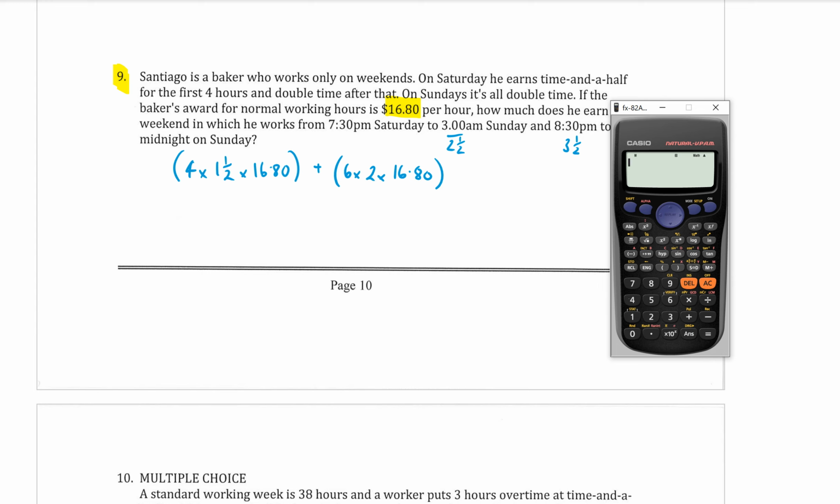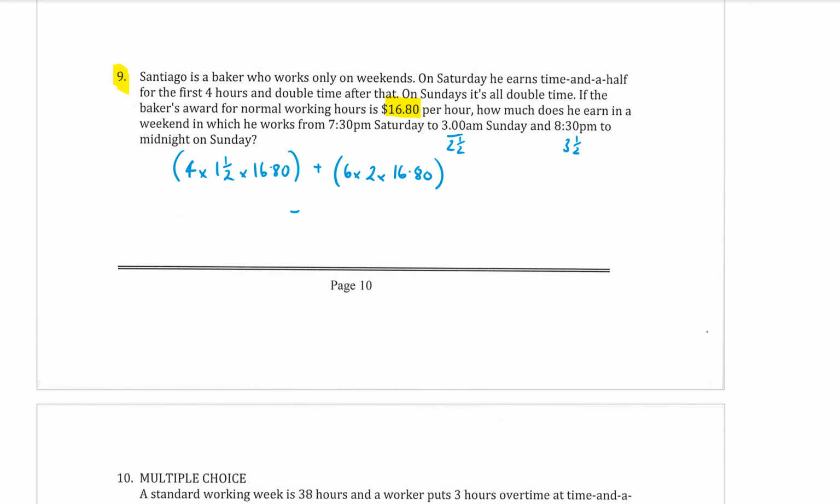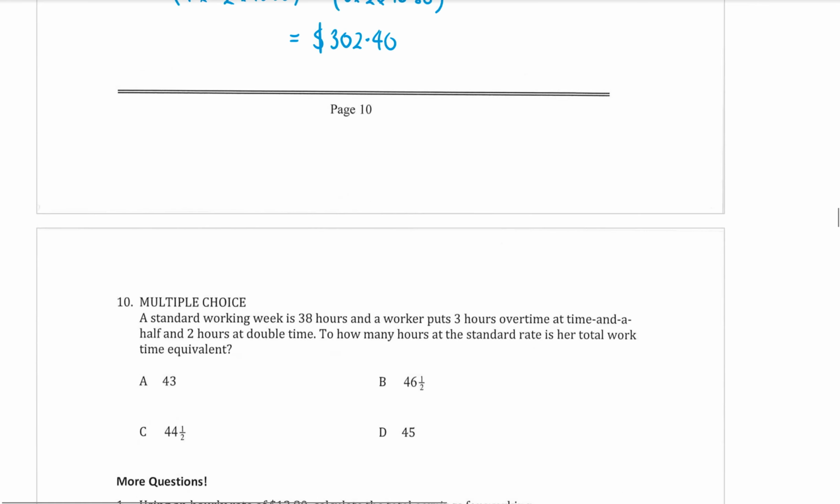So on the weekend, he's doing 4 hours of time and a half. And he's doing 6 hours at double time, which is $302.40.